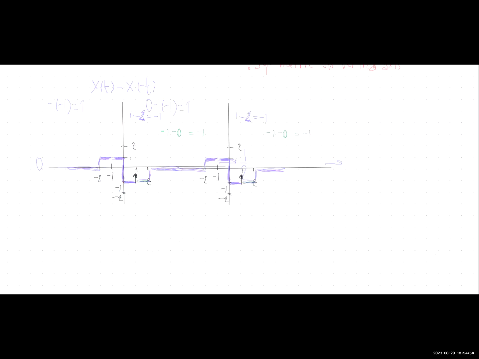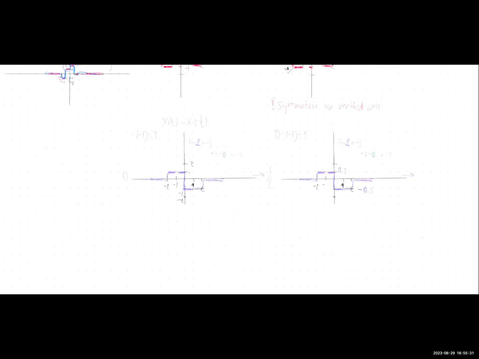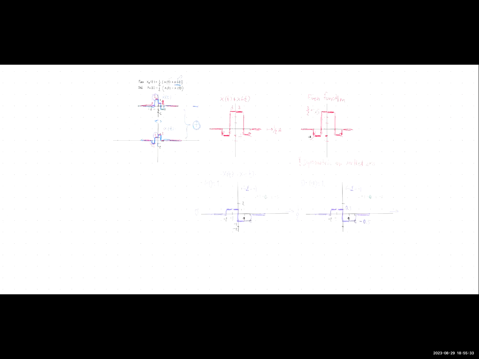Cool. So the amplitude is gonna shrink by half, right? Our final graph is gonna look like, so this used to be 1. Now it's gonna be 1/2, or 0.5. And this part used to be -1. Now it's gonna be -0.5. And that's it. Now we got our odd function.